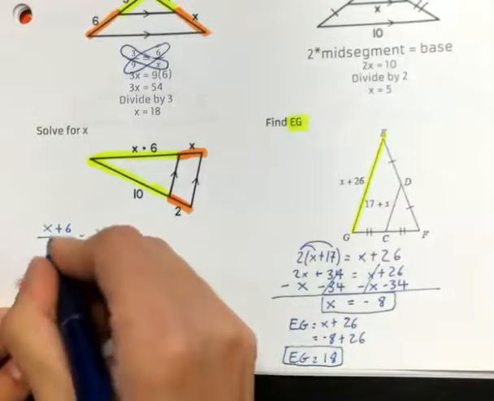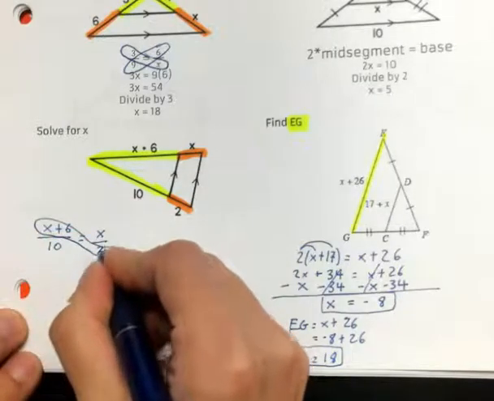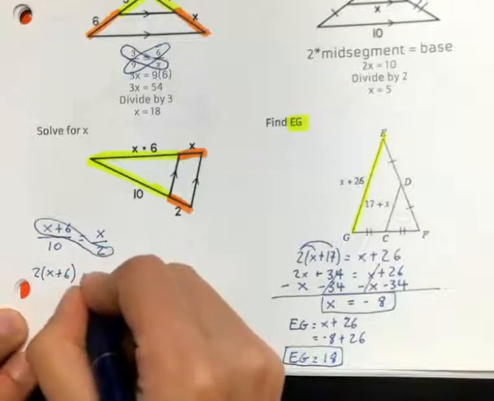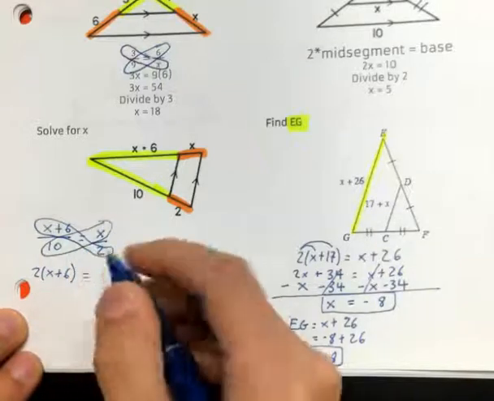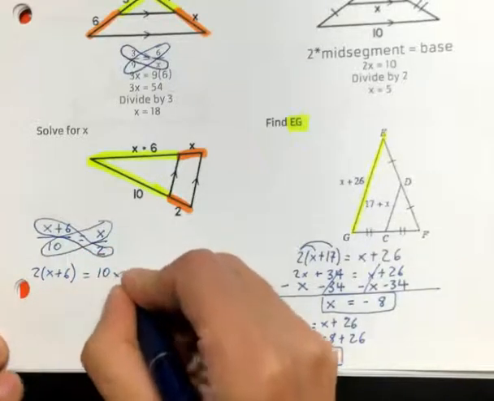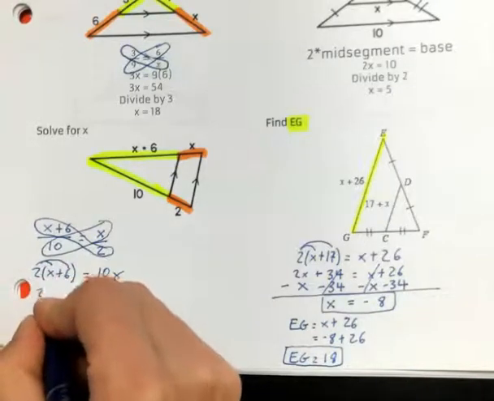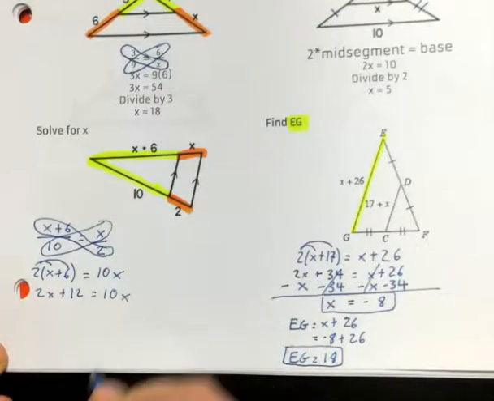Cross multiply. So this bottom gets multiplied by that top. So I get 2 times x plus 6 equals this bottom times that top, so equals 10 times x. I'm going to go ahead and distribute that 2. I get 2x plus 12 is equal to 10x.